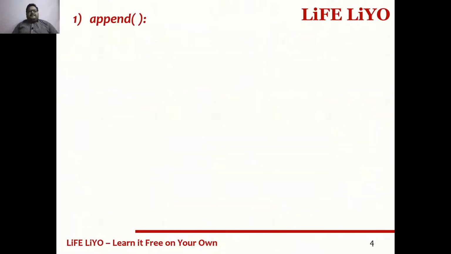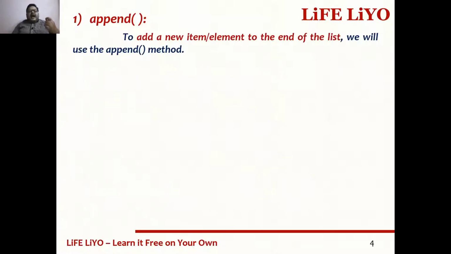So now, append. The normal meaning of append is adding at the ending, right? Like that, here append is used to add a new item or element at the ending of the list. If you want to add any element to an already existing list, that too at the ending, then we have to use the append method.